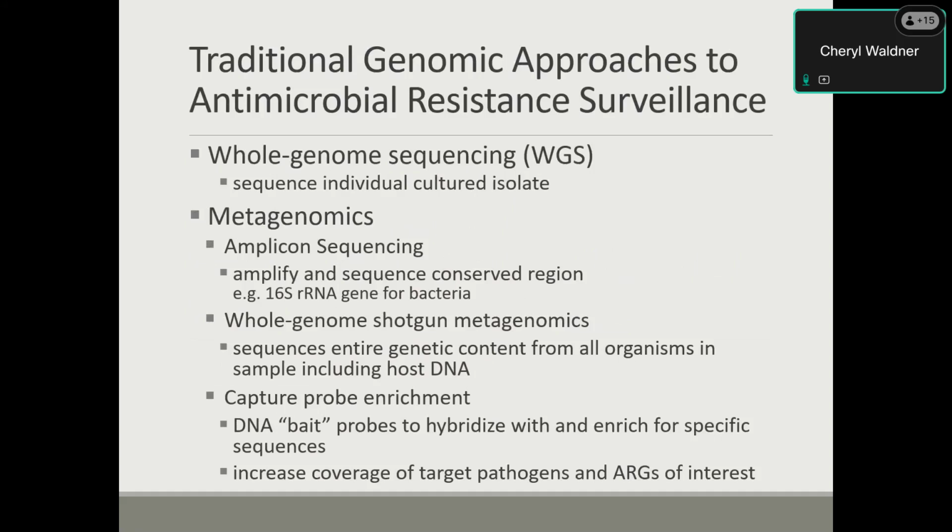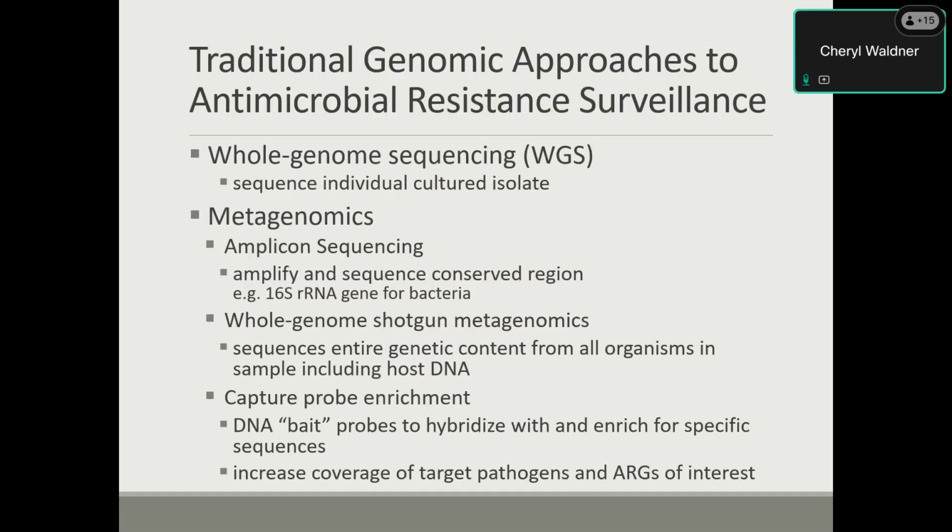So I thought I would start, because I wasn't sure who was all going to be online today, with a little bit of a review of traditional genomic approaches to antimicrobial resistance surveillance, just to put into context the data from our actual project that I'm going to present a little bit later.